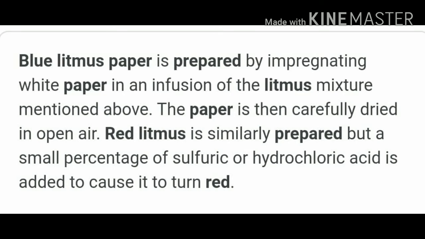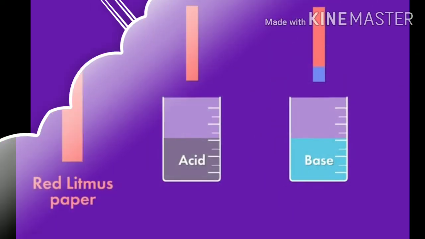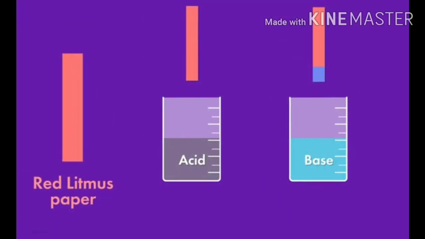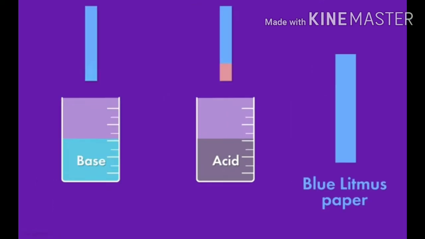But to make it red litmus, it is treated with sulfuric acid or hydrochloric acid, and to make it blue litmus paper or blue litmus solution, it is treated with a small amount of base. Thus we get red and blue litmus solution or red and blue litmus paper. And how is it used as an indicator? You all know that acids turn blue litmus red while bases turn red litmus blue.